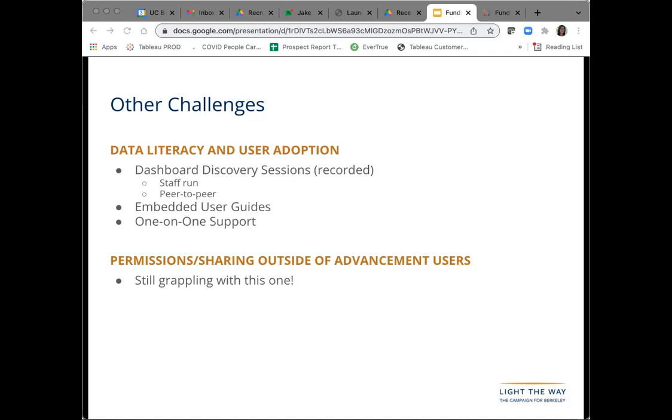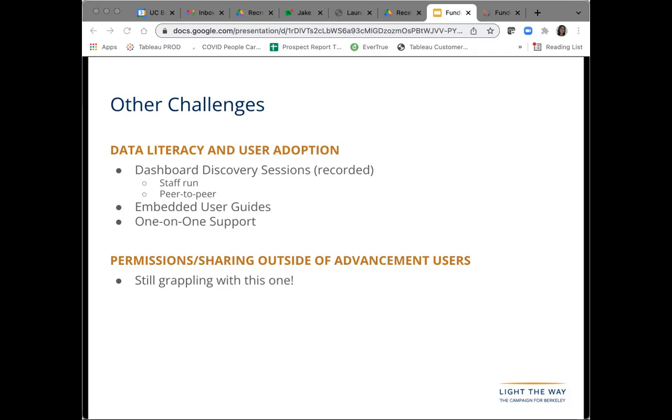They're not a part of the advancement community, but they'd love to have access, and so we've gotten some of them access, but we basically had to twist ourselves into pretzels to do it. And if they were really savvy, they would know how to get to Calviz and see everything else too, not just this dashboard that we're allowing them to see. So it's not optimal. So we're still hoping to figure that out.